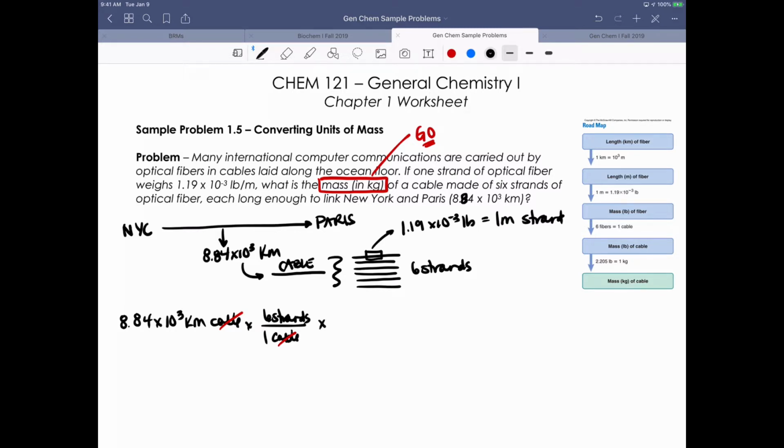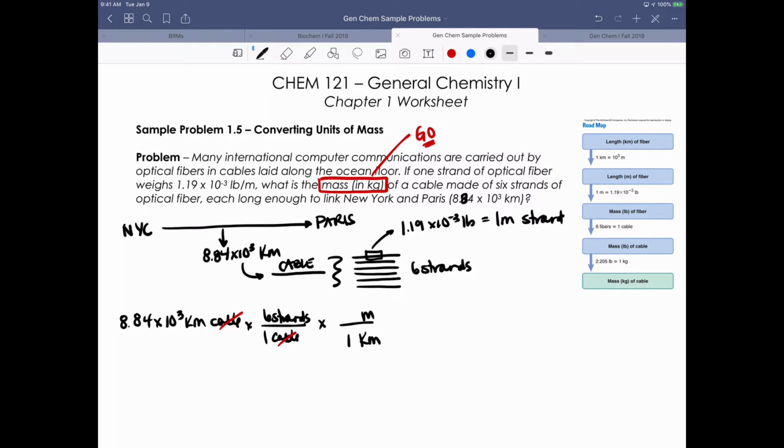Now we need to handle the other unit that we have there, which is kilometers. Because the rest of our problem deals with meters, I need to get rid of kilometers and convert to meters. I'm not going to go through the details of this. You can return to sample problem 1.4 for a better explanation of how we think about these prefix conversions and making sure we get the right things in the right parts.